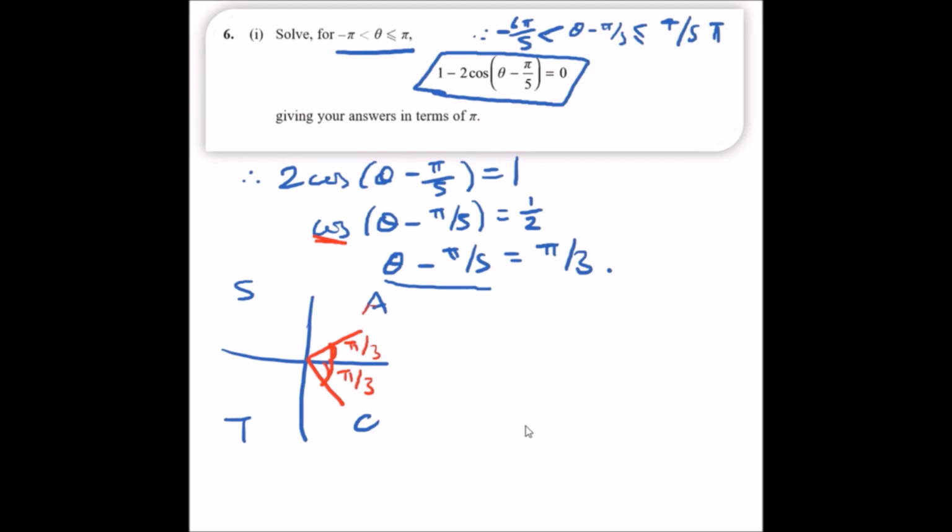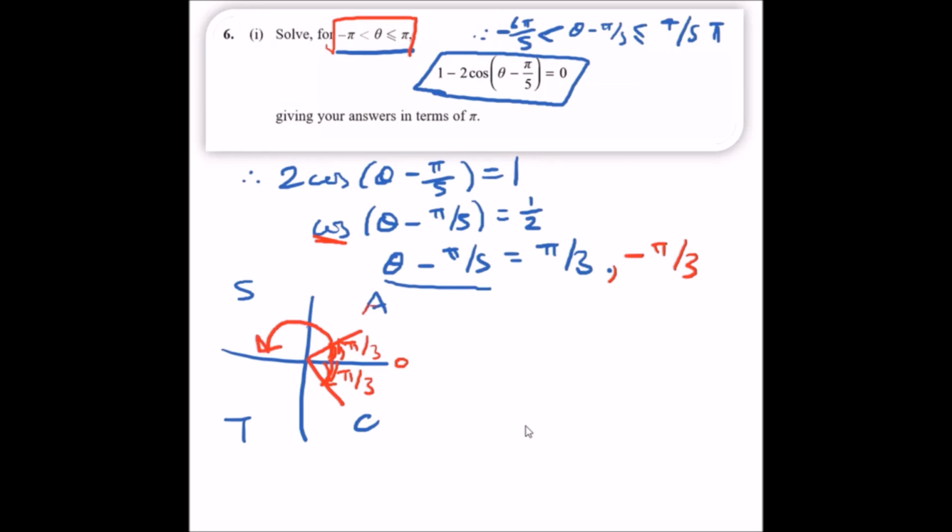Now, let's have a crack at this. All we're really doing is traveling up pi over 3, and for the second one we just go down pi over 3 as well. Remember, this is 0. So if we go backwards, we subtract. So our second solution would be negative pi over 3 because we went back. And that's it. Because the interval is so small, we can only travel up to here.